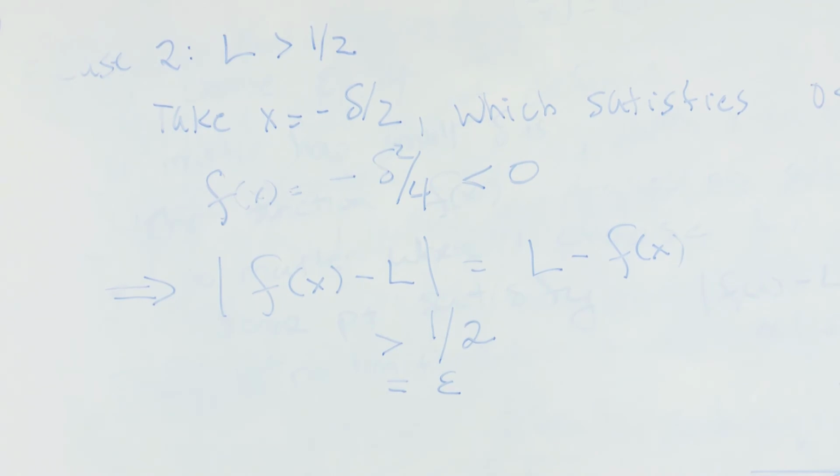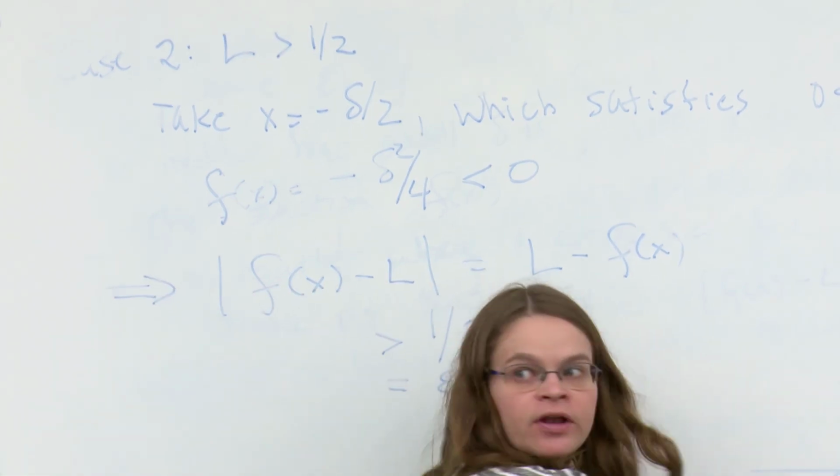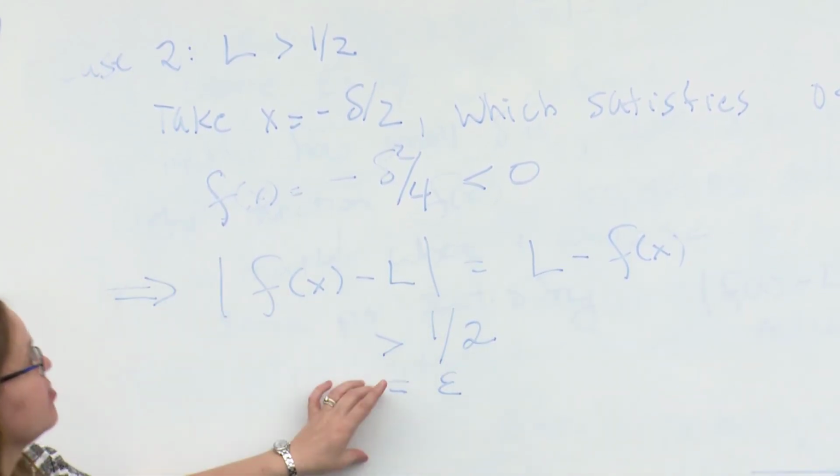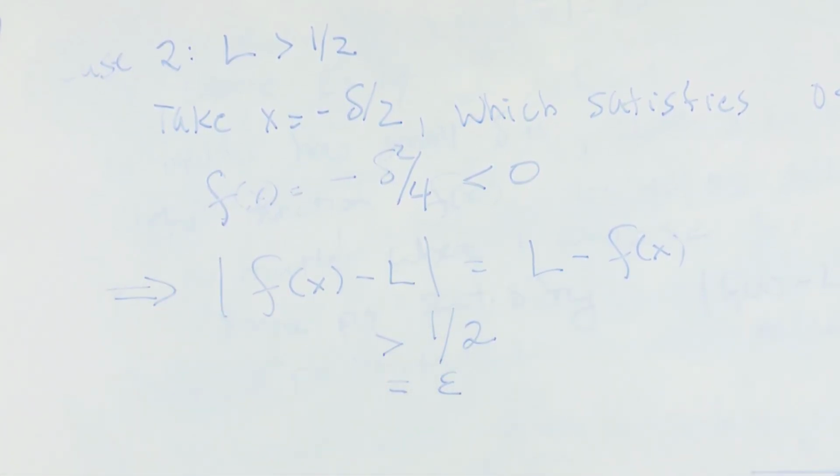Again, we're violating the definition of the limit. If indeed we had a limit that was bigger than a half, then no matter what value of epsilon I picked, for example epsilon equal a half, I need to be able to find a delta such that as long as I keep x in this window, f of x minus L is less than epsilon. But now we've seen it doesn't matter what delta you give me.